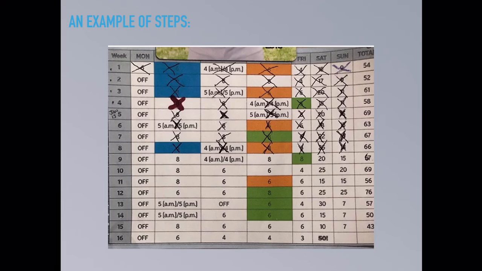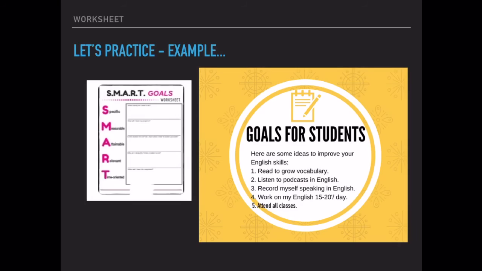To prepare, this person has written down short-term goals or steps every day. And by doing those miles every day, he can reach his weekly goals. And if he reaches every weekly goal or step, he will finish his long-term goal to be ready to run a race. As you can see, he is halfway through his goals.